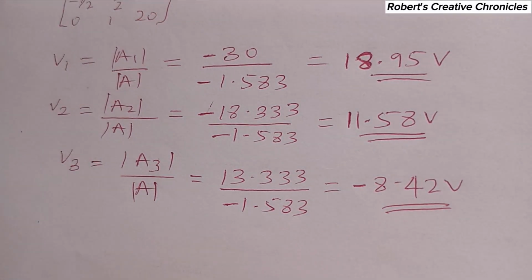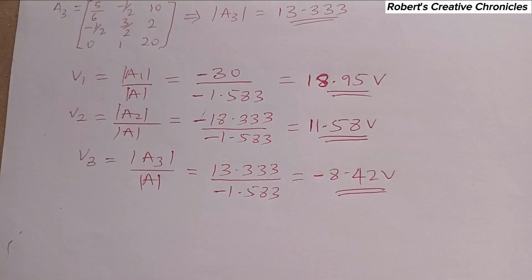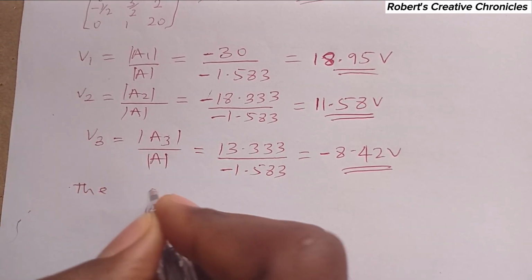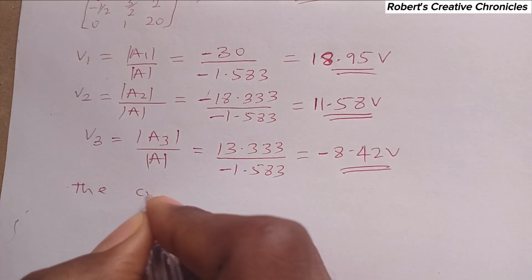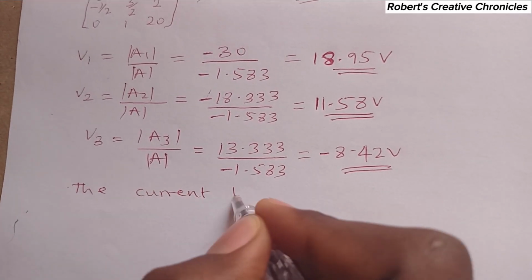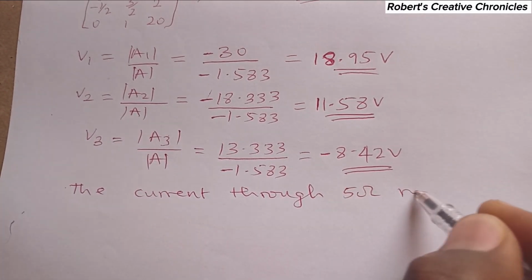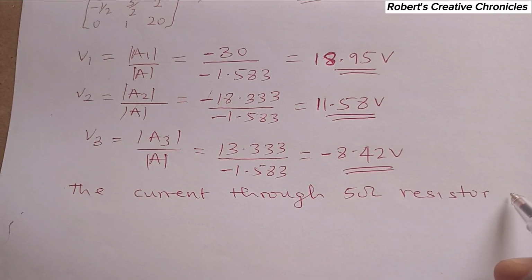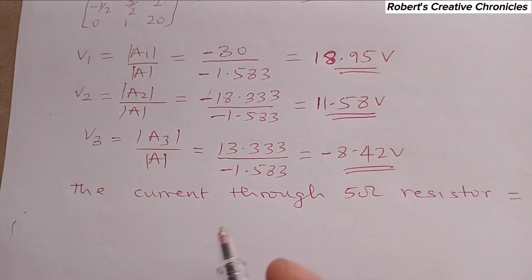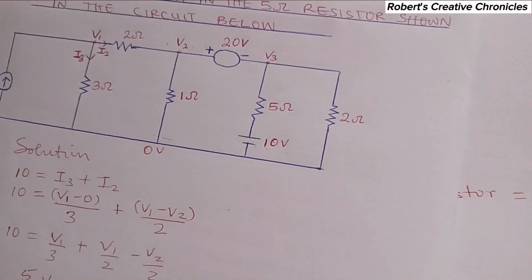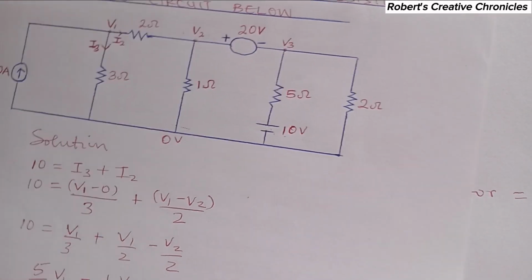So the current through the 5 ohm resistor will be equal to V3 minus 10 over 5.